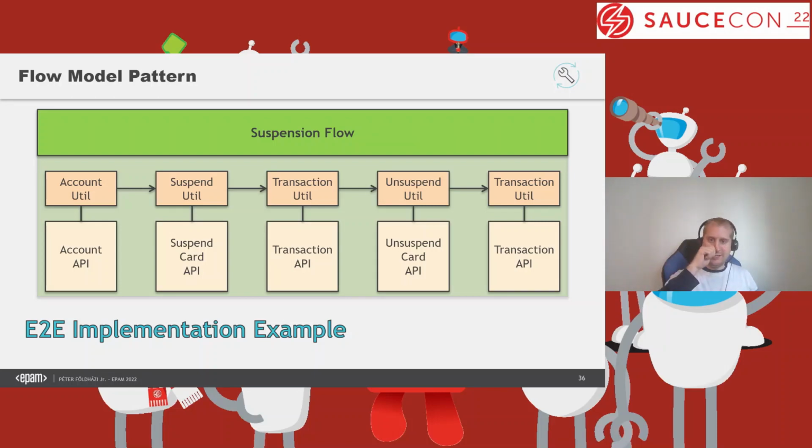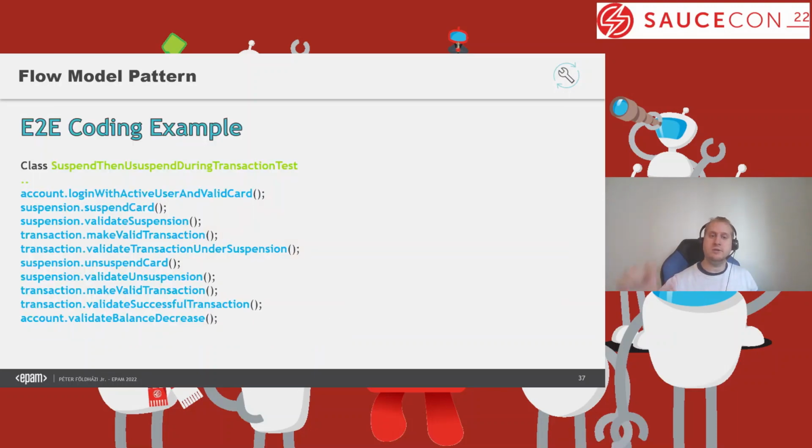So once you do the transaction, then it's going to fail. So you want to see whether it can be unsuspended correctly or not. So you unsuspend it, you do the transaction again, and now you validate whether the transaction will go through or not. So how is that piece of code going to look here.